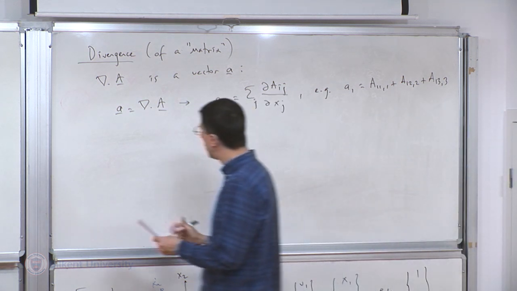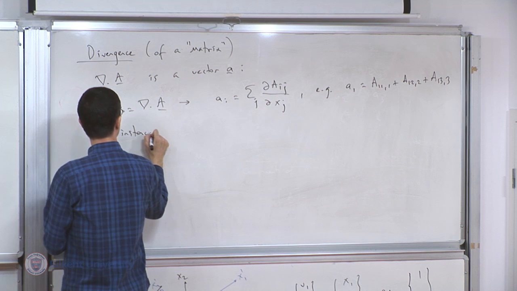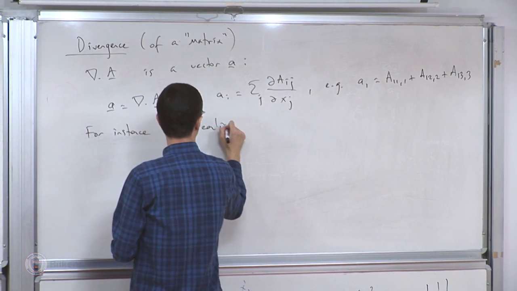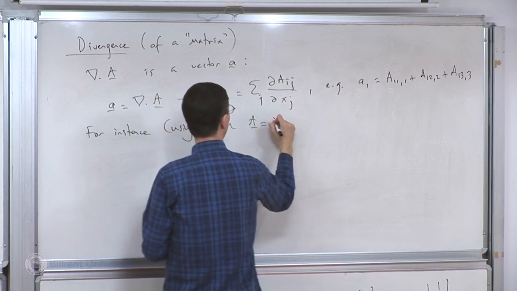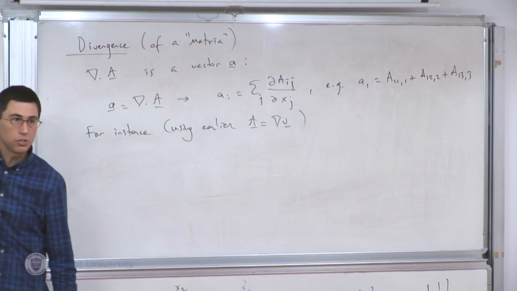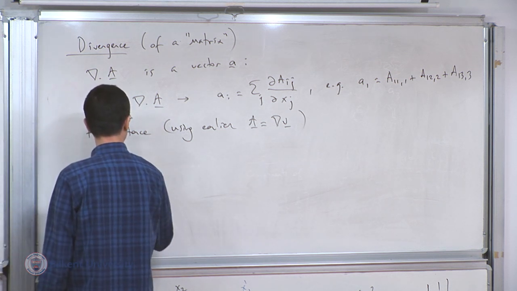For instance, using the earlier A, which is the gradient of V, I can take its divergence now. The components go into a vector.